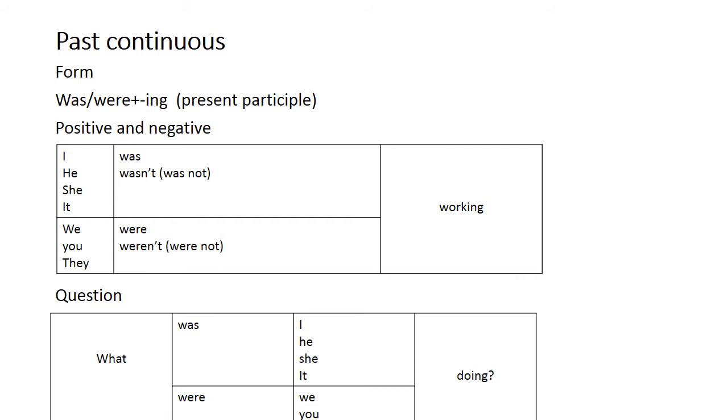Positive and negative, we can use in this table the subject plus was plus verb with ing, or subject plus was not, wasn't, plus verb with ing. Example, he was working. Or in negative, we can say she wasn't working. For plural, we can use we were working. Or we can say you weren't working.